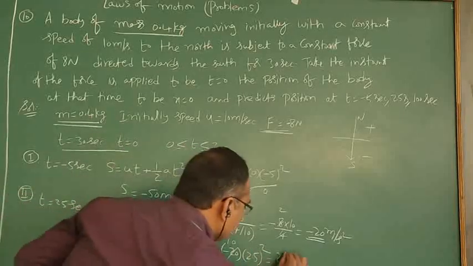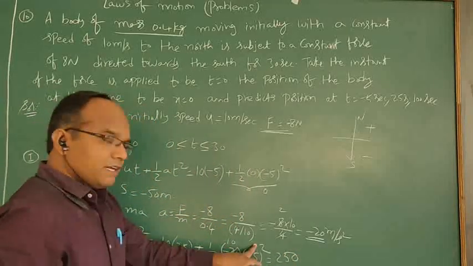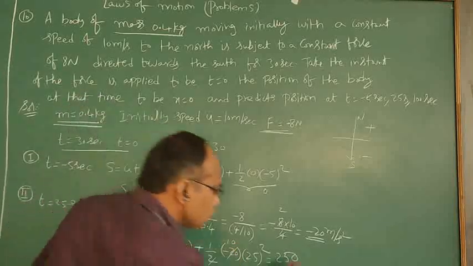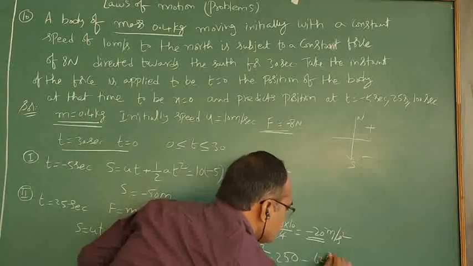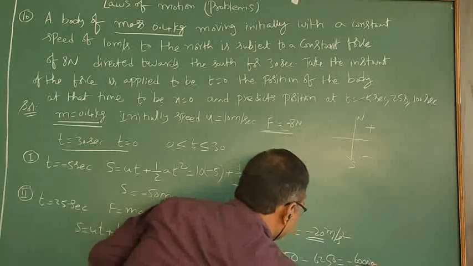So what is the value? 250. 10 into 25 is 250. 25 square is 625, and into 10 is what? 6250. So minus 6250, that is nothing but minus 6000 meters.